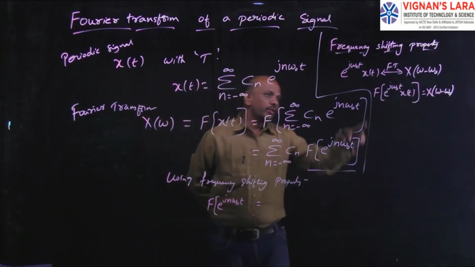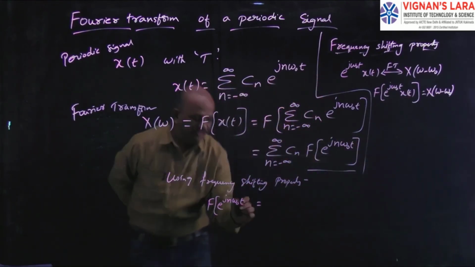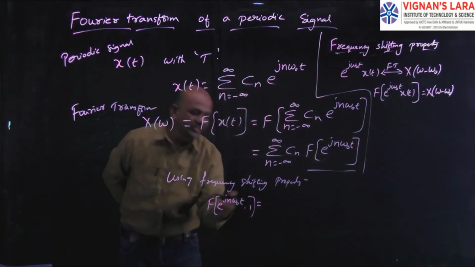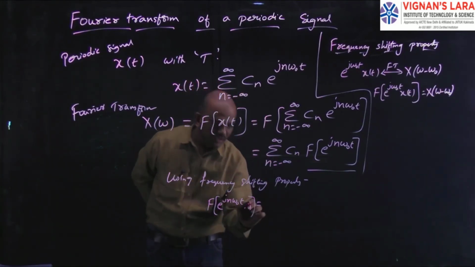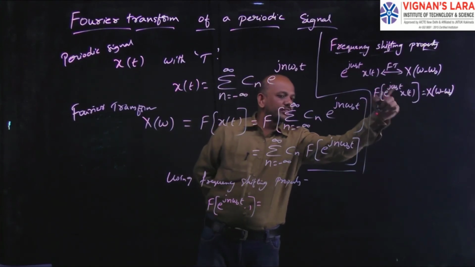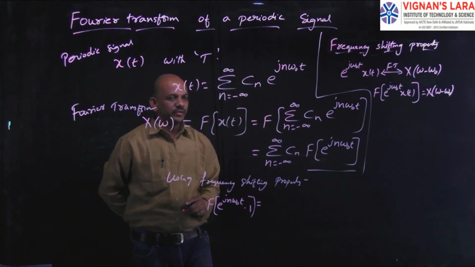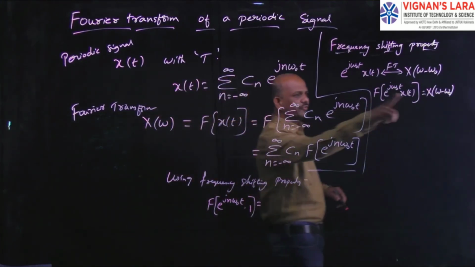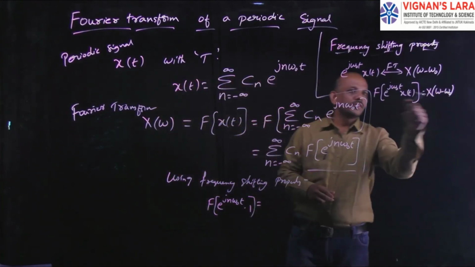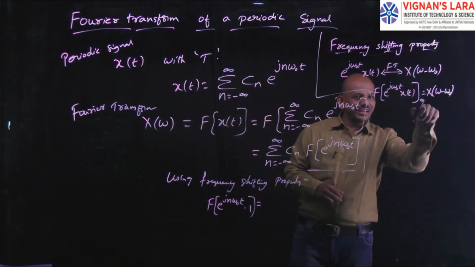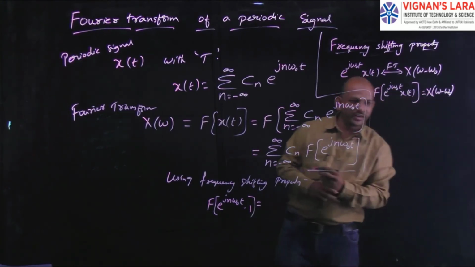Here we have e power j omega naught t into x of t, and in place of x of t I am writing 1, because anything into 1 is the same value. So e power j n omega naught t into 1 is e power j n omega naught t. For this the formula is X of omega minus omega naught. That is, for x of t the Fourier transform is X of omega, and in place of omega we have omega minus omega naught.